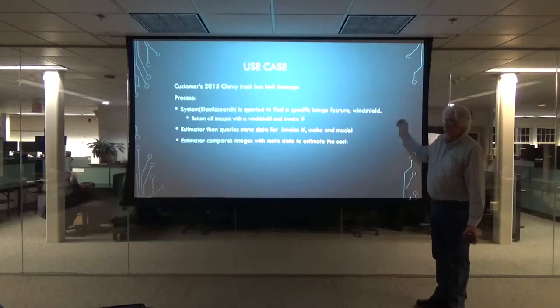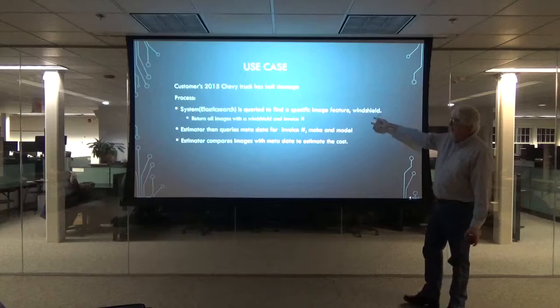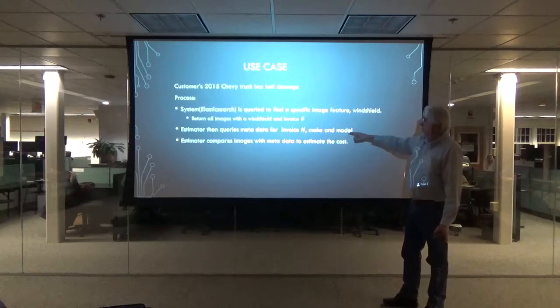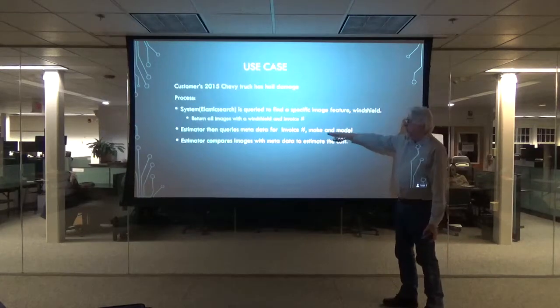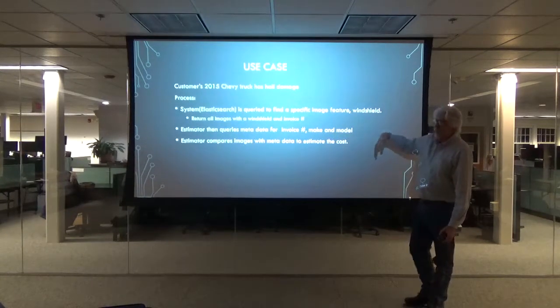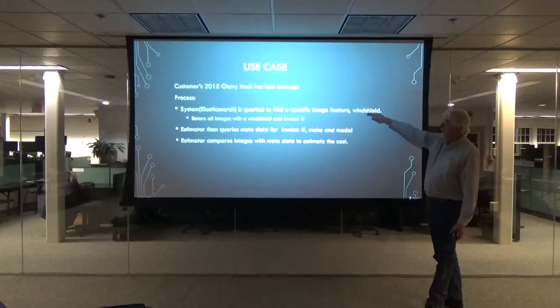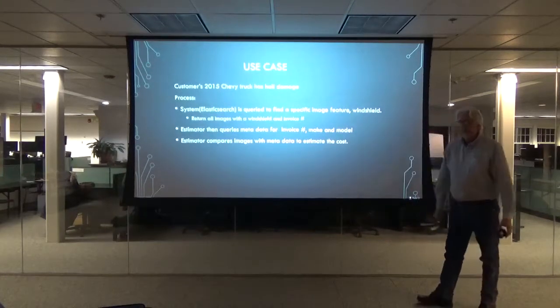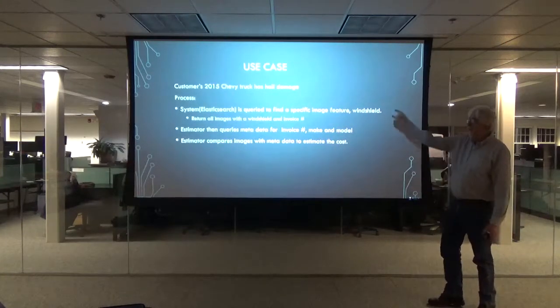And then it's going to return you all of those images, but then it's going to go back out to the metadata and pull in the invoice information off of that. Now you can query this invoice. Now you can come back and say, we've got 100 of these windshield damages from hail, and the average cost is $100 to fix them. And you've only done that from the image.